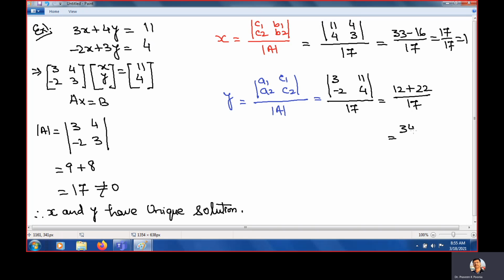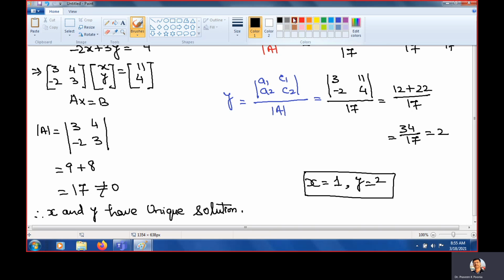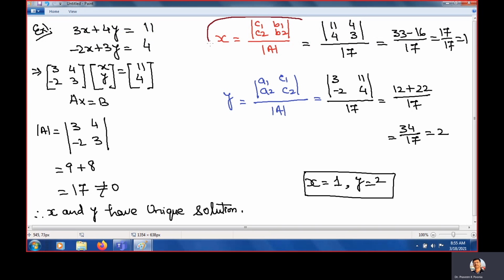That equals 34 upon 17, and the answer is 2. So what are the solutions? Solutions are x is equal to 1 and y is equal to 2. Class, this is very, very easy. It is not difficult. You only need to remember the x formula and the y formula. If you can remember these two results, then this method is very, very easy.